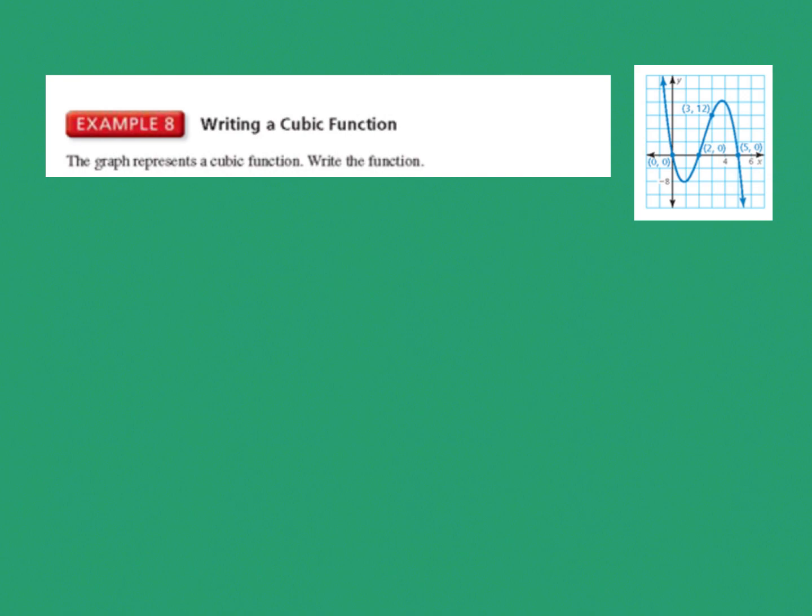Finally, we have a cubic function. So again, we're going to do the same thing we just did. We're going to take the zeros. So we're going to have 0, 0. Okay, so we're going to have x minus 2, and we're going to have x minus 5, and we're going to have a out here, y equals.